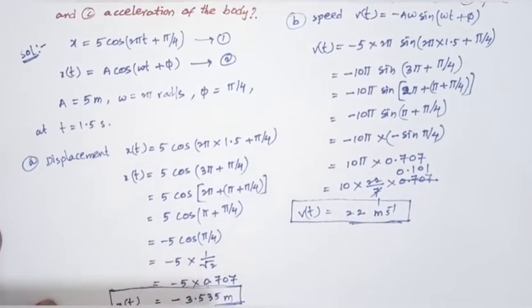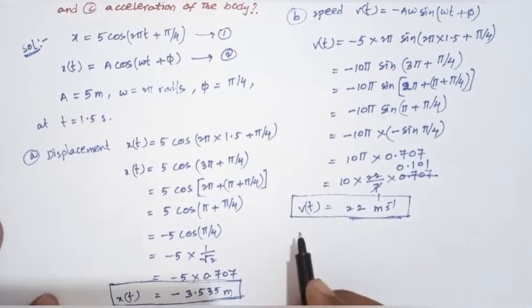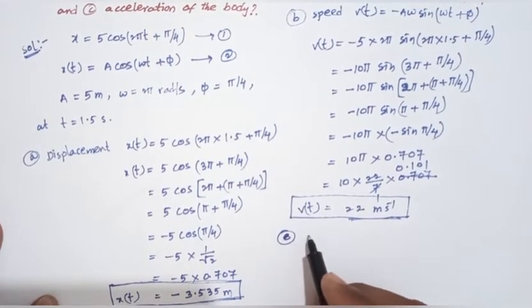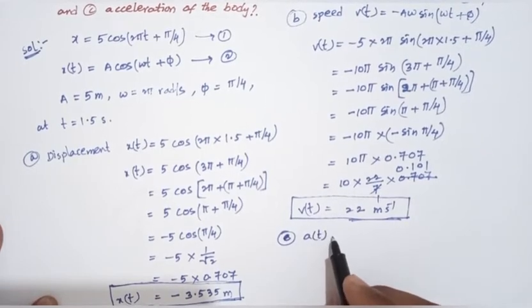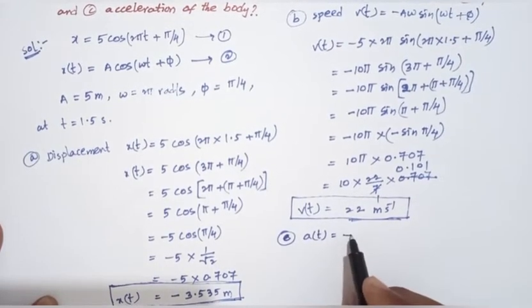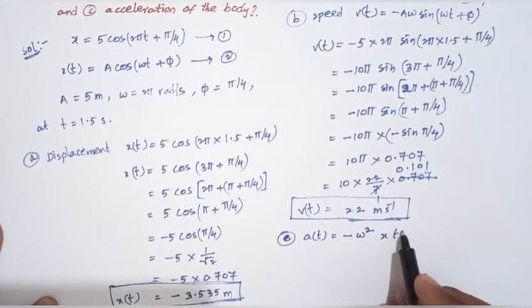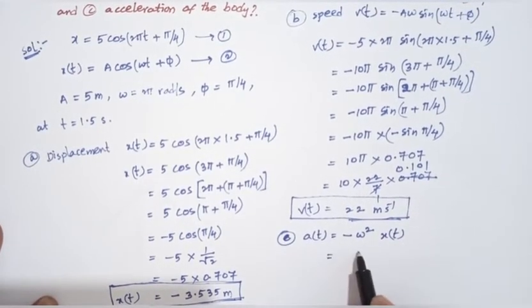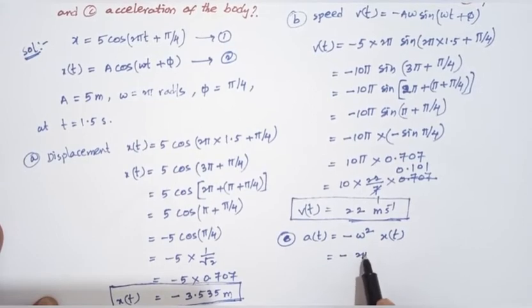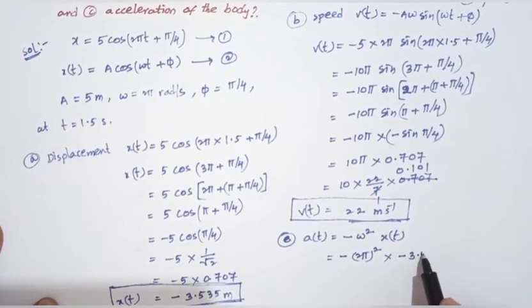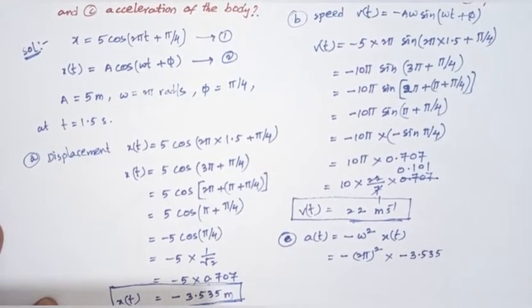Next we can find the acceleration. That's C, acceleration of the particle. Directly we can write minus omega square into x(t), which equals minus (2π) whole square into x(t), equals minus (2π)² into minus 3.535.